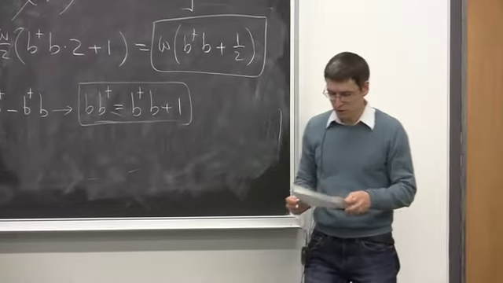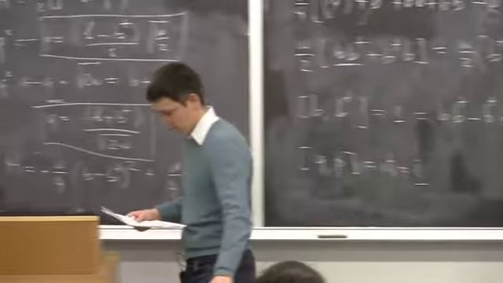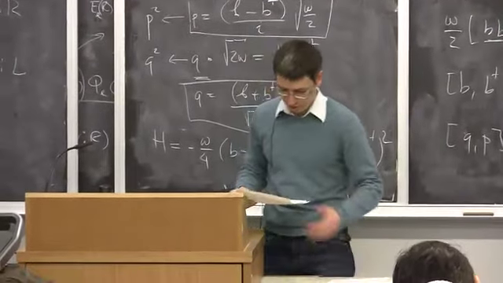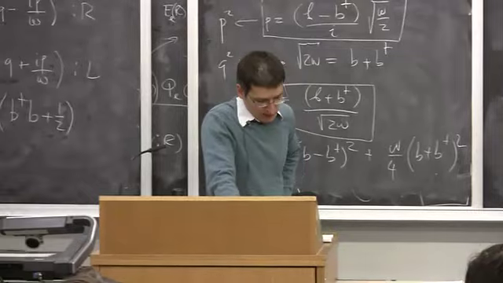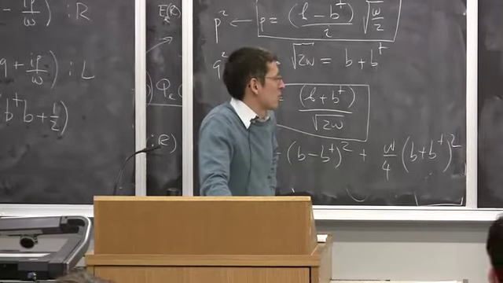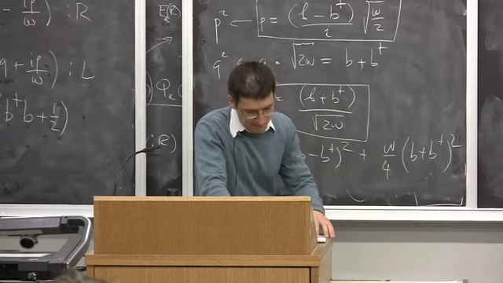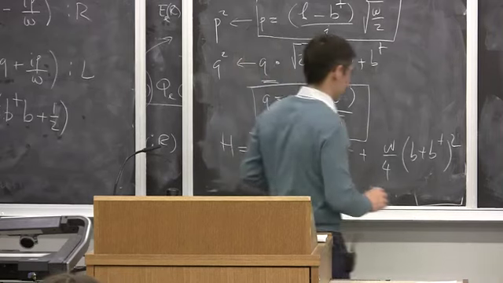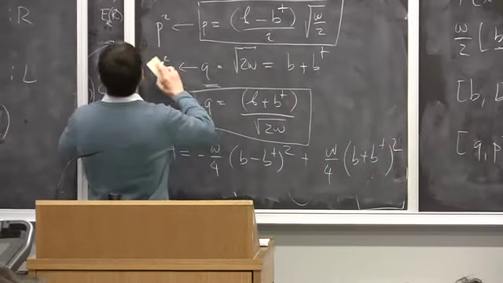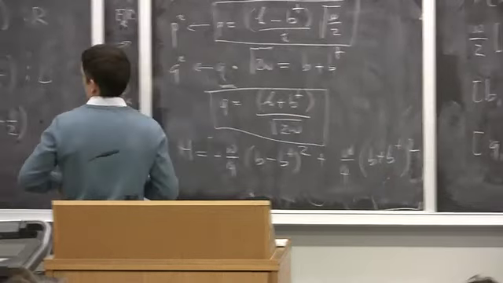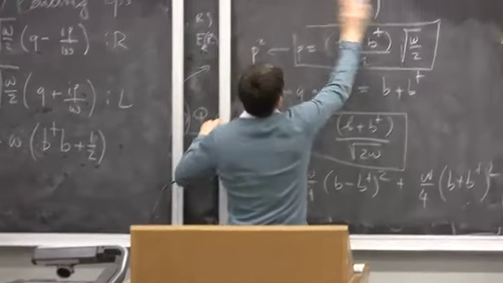Now, I didn't tell you yet why we call them raising and lowering, and why this form is so useful. Now I'll tell you. Let's say I will keep this, I'll erase this.